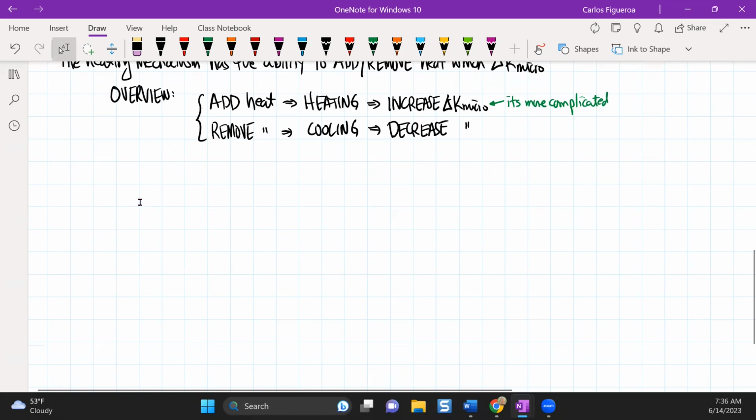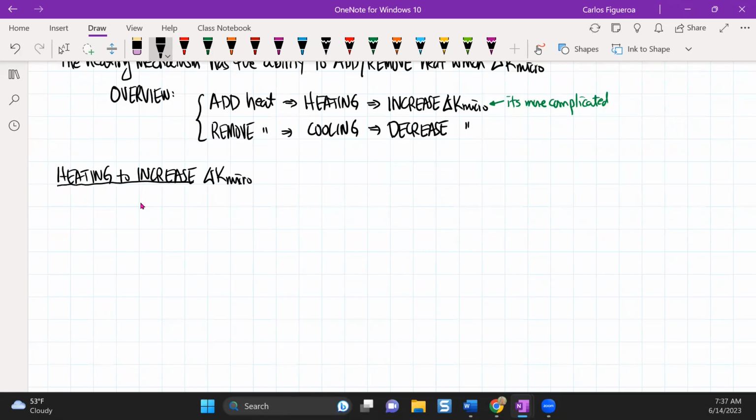So now what we're going to do is look at heating to increase K micro. If I was being very careful, I would call this specific heating to increase K micro, but I'm not.